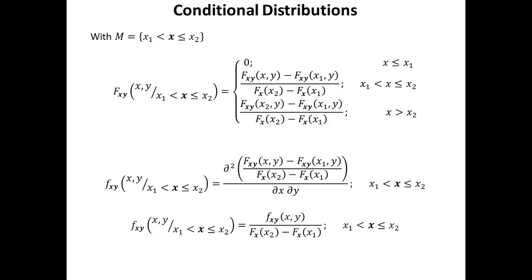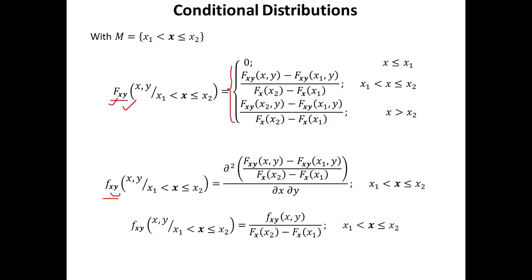Now we have the expression of the distribution function. From this we can derive the expression of the density function. For getting the expression of the density function, since it involves two random variables, we need to differentiate the distribution function twice, first with respect to random variable x, second with respect to random variable y. Or we can say we should differentiate this distribution function with respect to del x and del y.